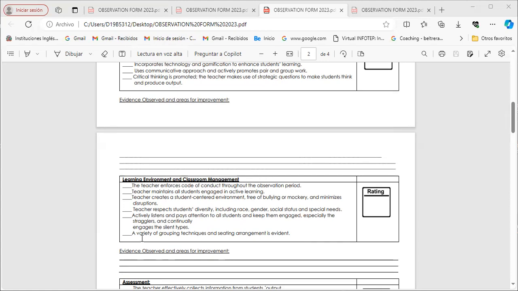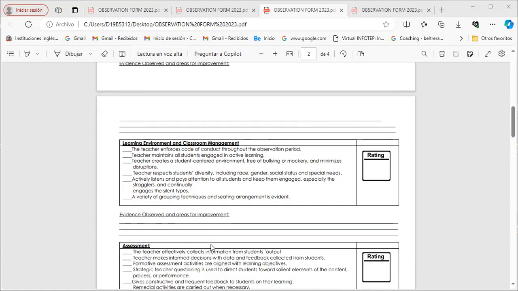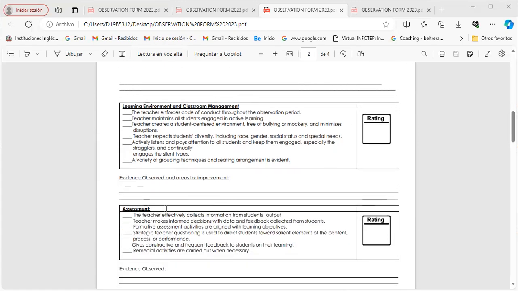Teacher uses a variety of grouping techniques and seating arrangement is evident. So if you see everything, then you write 5 over here, depending on your observation. If there is something that needs improvement, you write it down, then you talk to the teacher at the end of the observation.